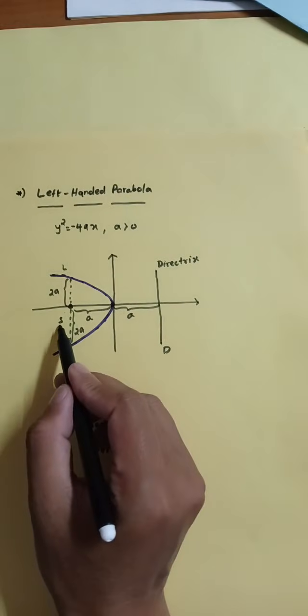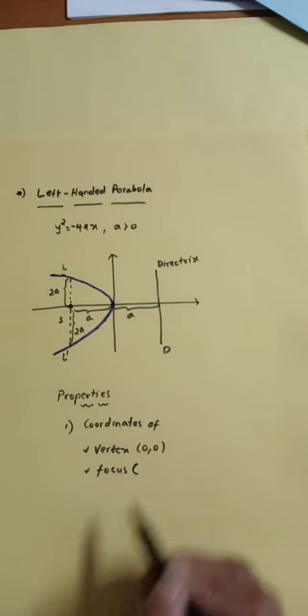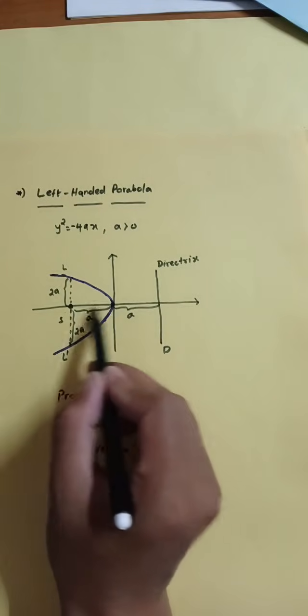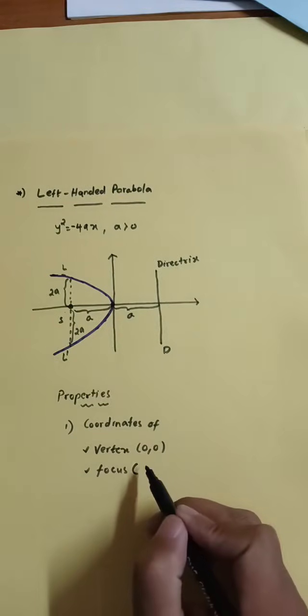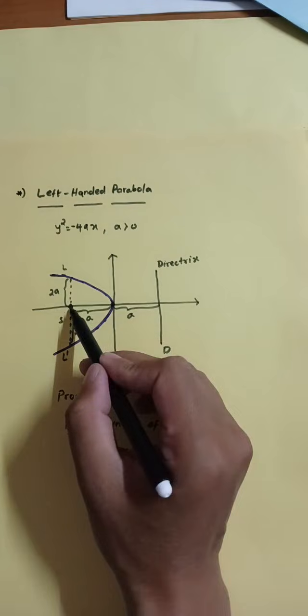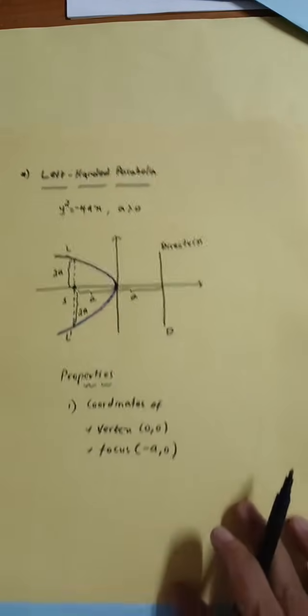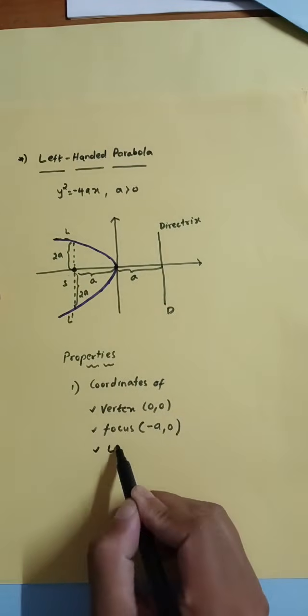The x coordinate is the horizontal distance from the origin, which is a, but it is in the negative direction. Therefore, you'll have negative a, comma, and since this is on the x-axis, the y coordinate will be 0.